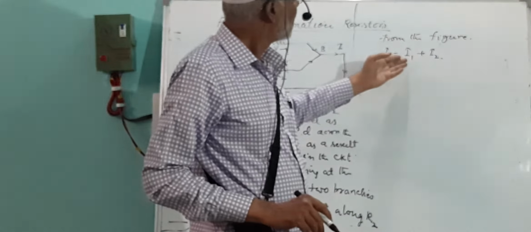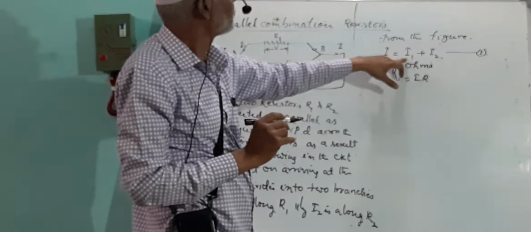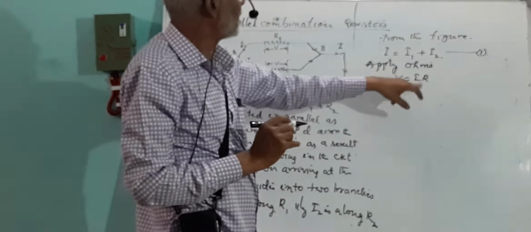Applying Ohm's law, what it says is V is equal to I into R. We need an expression for I1.